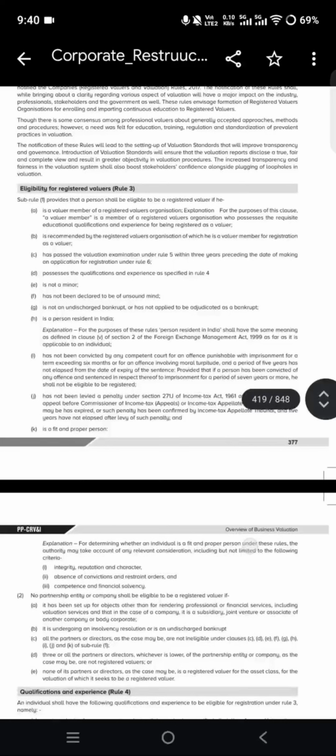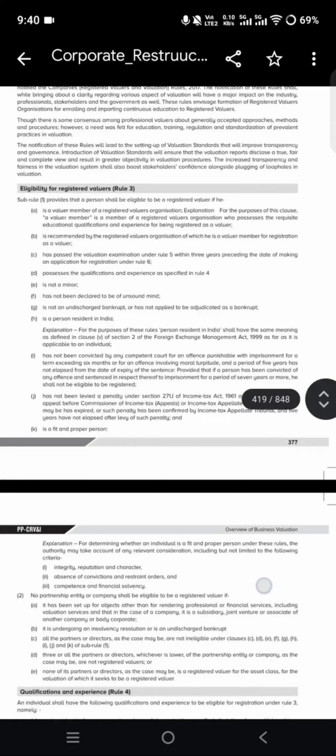So he should not be levied a penalty under 271J of the Income Tax Act. Even if he was levied, the time for preferring the appeal should have lapsed, because if there is still time, there is a chance that he is disqualified from being appointed as a registered valuer.